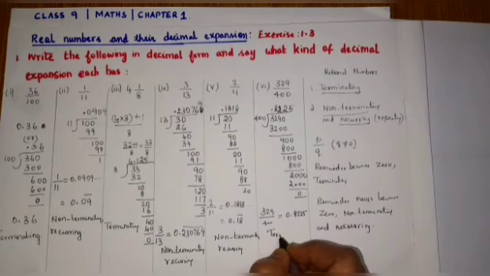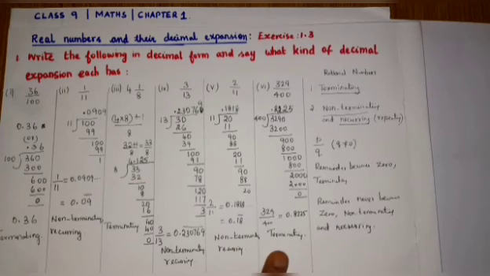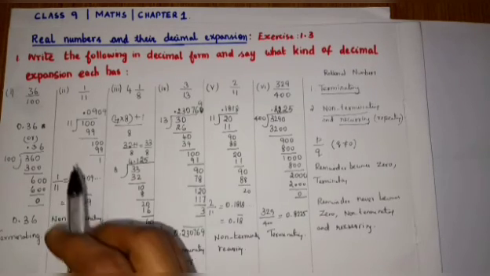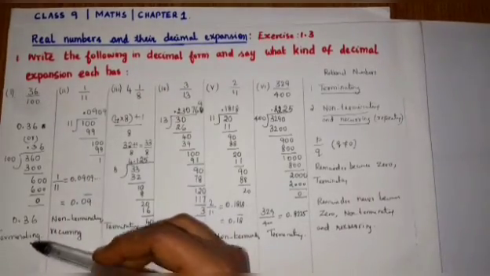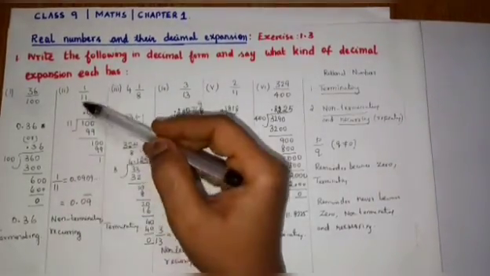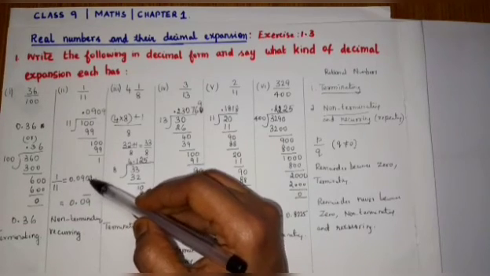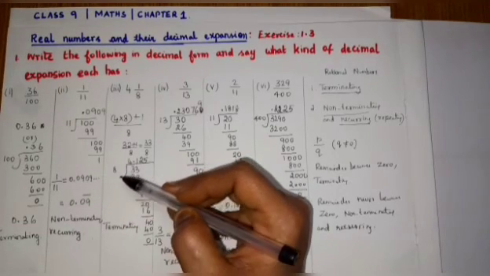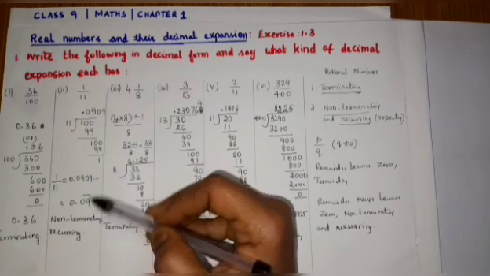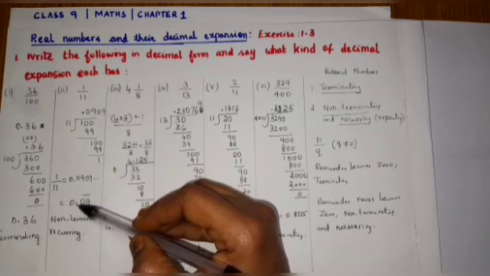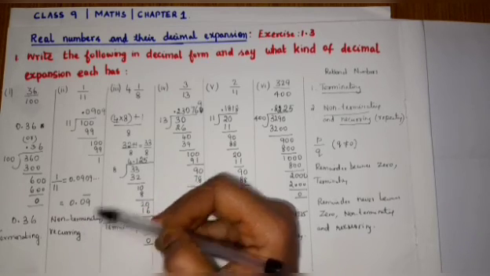This number is terminating. Therefore, the first number is terminating, the second number is non-terminating recurring, since 09 is repeating, it's going on. So the remainder never becomes 0. Therefore we call this number non-terminating recurring.